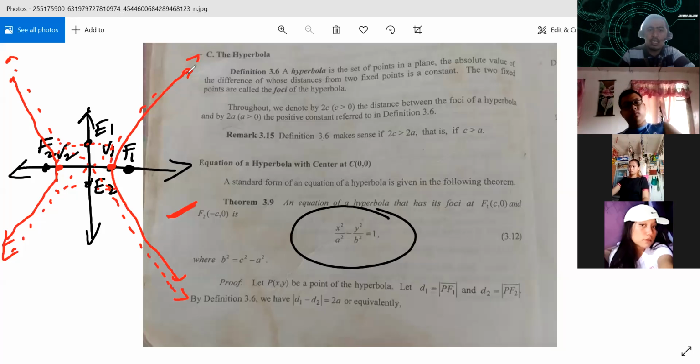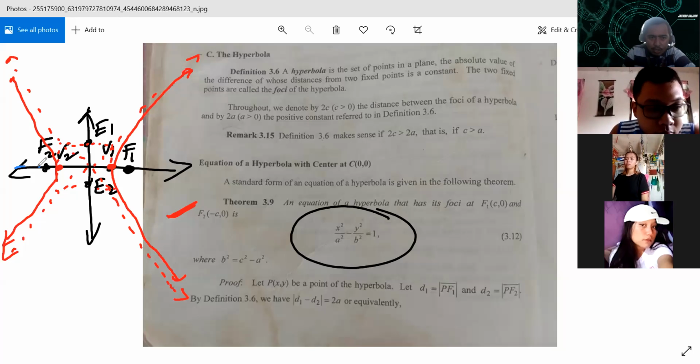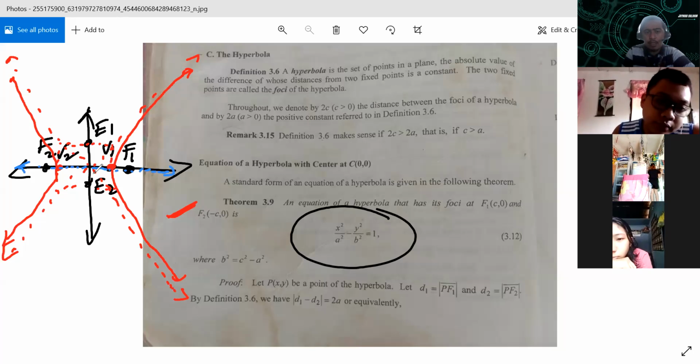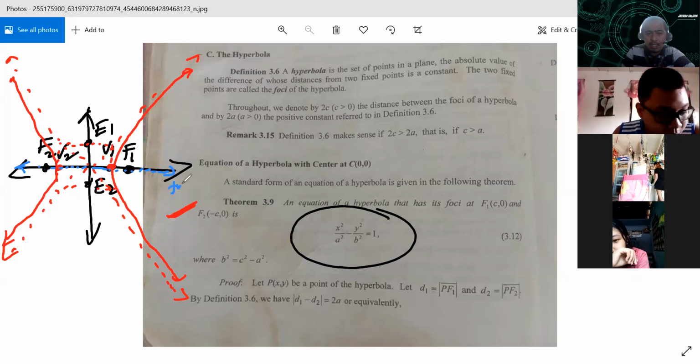In this case, your hyperbola looks like this. By the way, we will not be using major axis and minor axis now. The axis that passes through your foci and vertices is called the transverse axis.